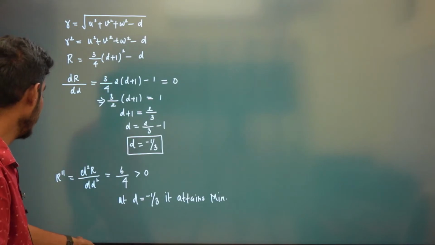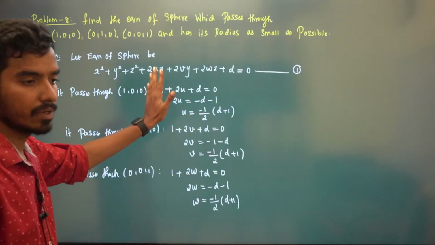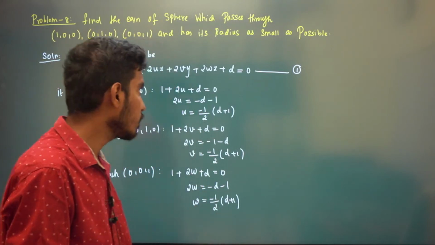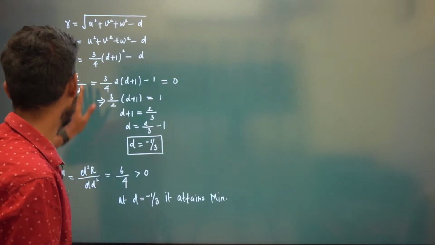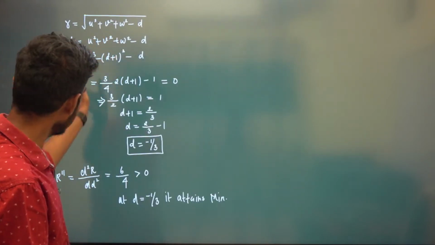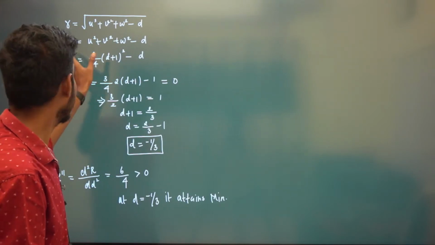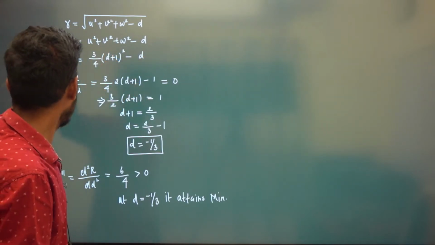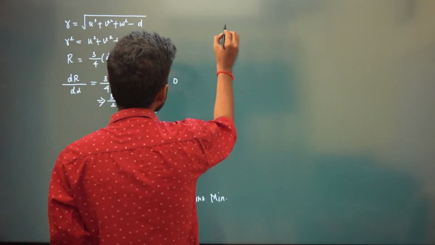If I find d, the problem is over and everything will be in numbers. But we need to make use of the condition that the radius is as small as possible. We know the radius formula, and from this I'm trying to find the minimum value of capital R. So at d equal to minus 1 by 3, it will be minimum.